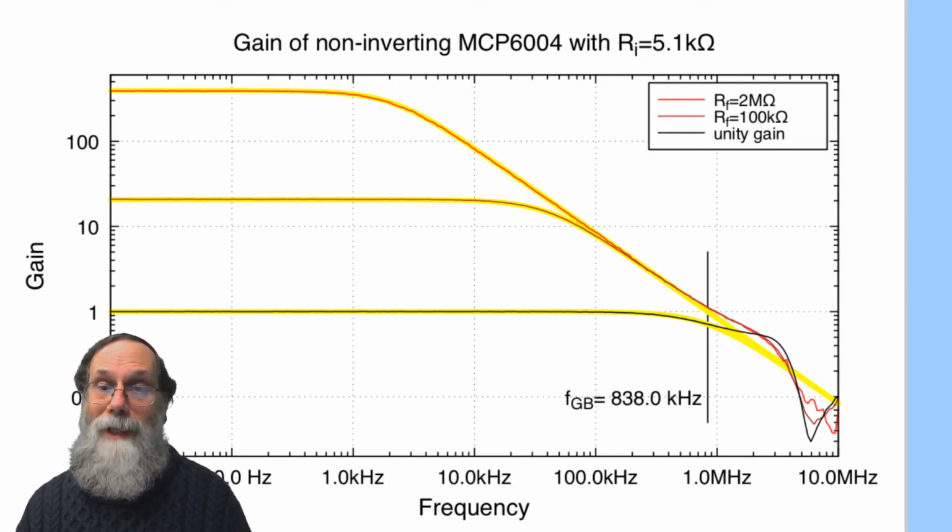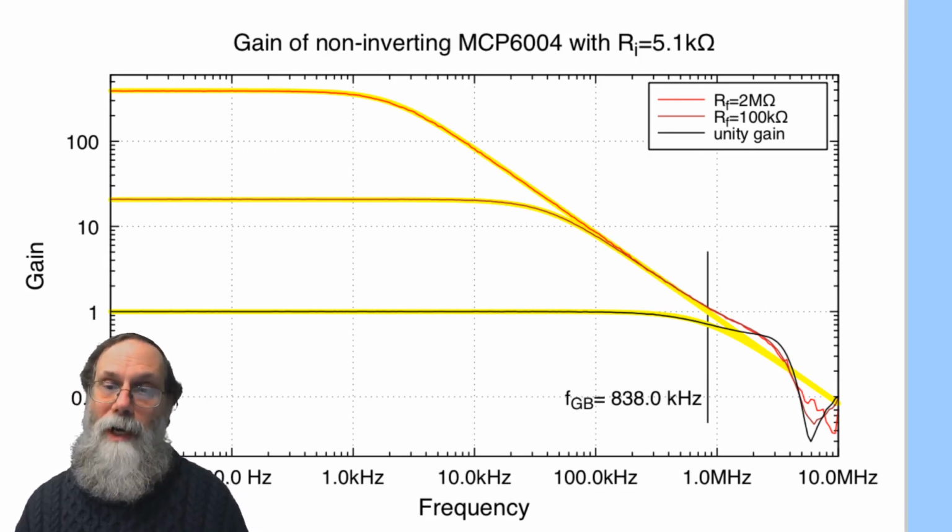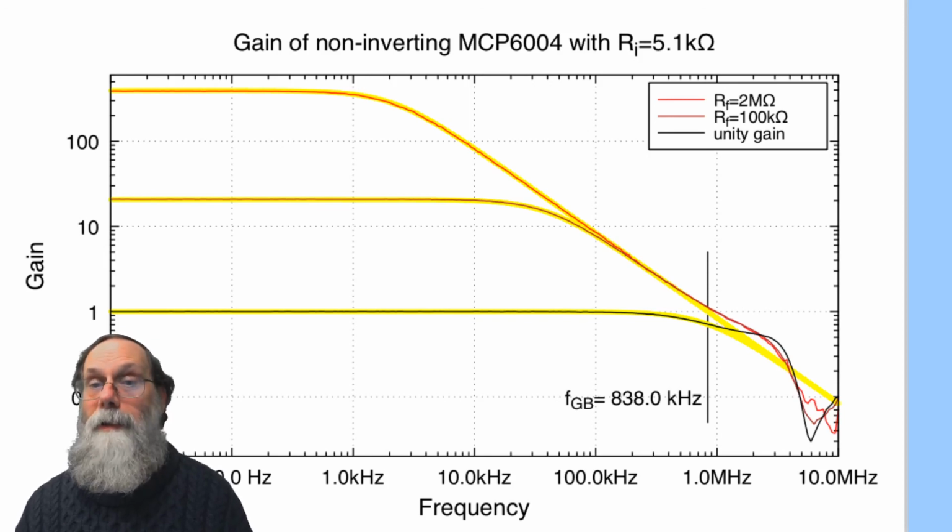Your passband gain is going to be (B minus 1) over B. Remember, that was the gain that we had when we were not paying attention to the gain bandwidth product limitations. So that's just minus Z_F over Z_I. That's the gain you're going to get in your passband. But the corner frequency is still the gain bandwidth product times B.